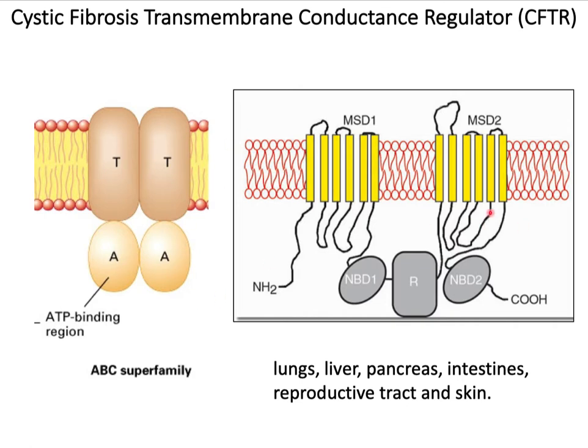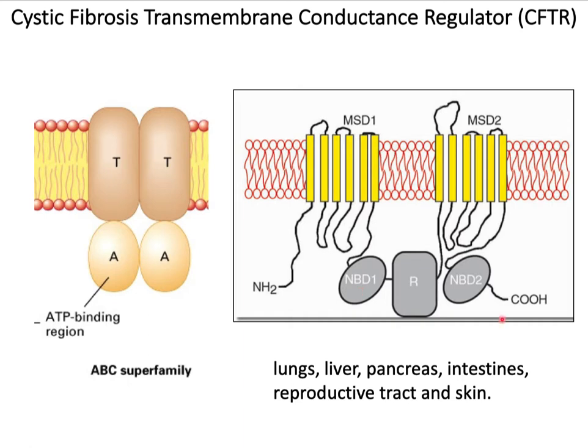In the boxed region of the slide, there is a more detailed rendition of the CFTR, and the yellow are the transmembrane regions. Sometimes they are referred to as membrane spanning domains, MSD1 and MSD2. Then in gray, you have two ATP binding regions. These are also known as NBD1 and NBD2, which stands for nucleotide binding domain 1 and domain 2.